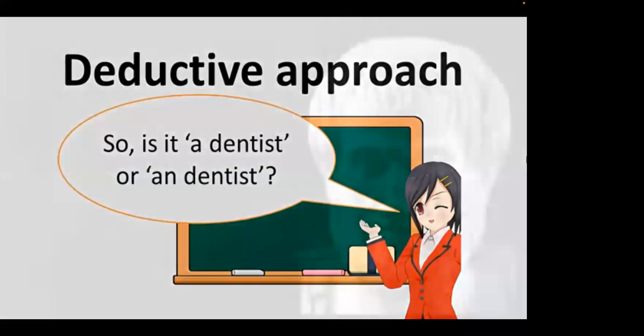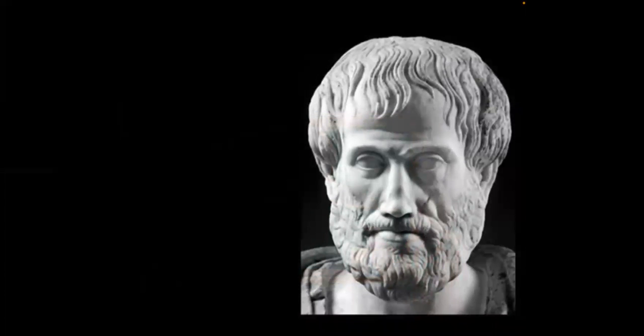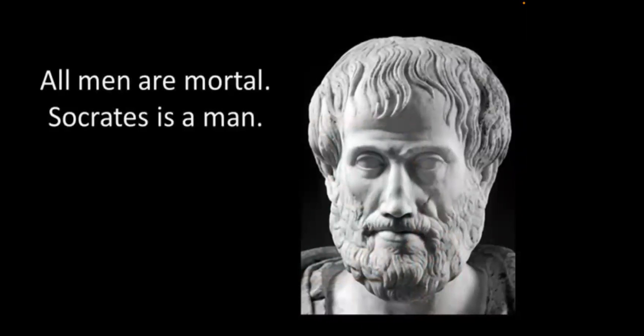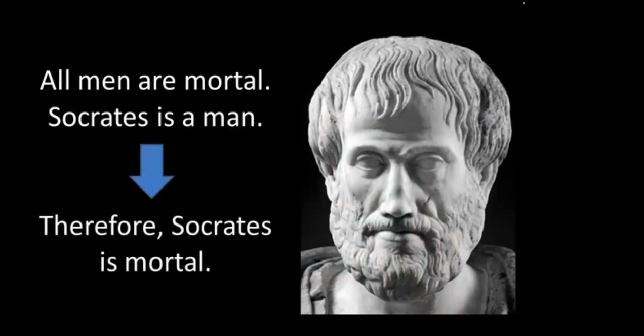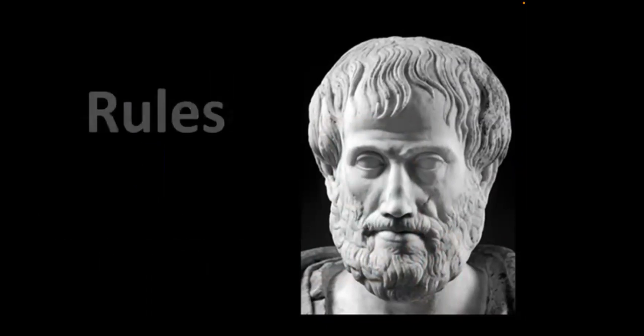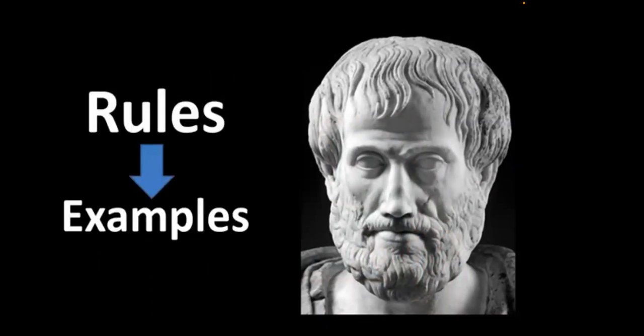This has got its origins way back in Aristotelian deductive reasoning, if you're interested. So all men are mortal, says Aristotle. Socrates is a man, therefore Socrates is mortal. So it's this kind of idea. We work from the rule to deduce the examples.